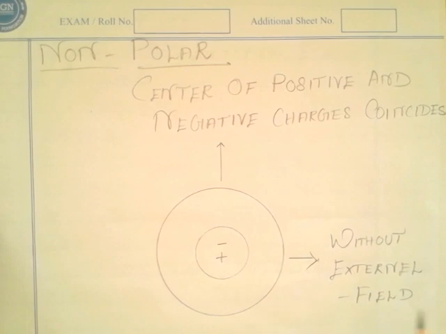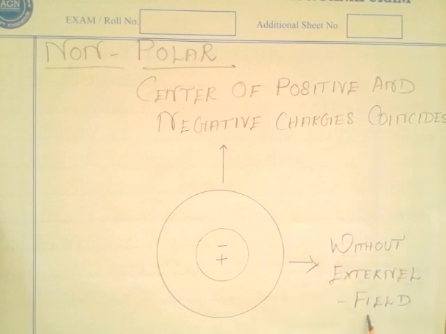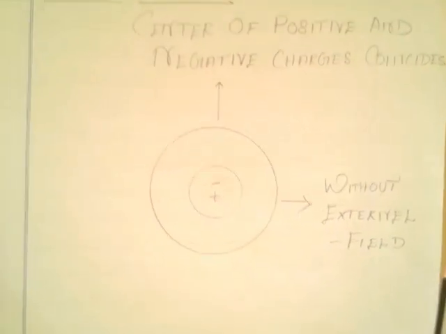See here. In the first case, in the absence of external electric field, that means without external electric field, the centers of positive and negative charges coincide with each other.